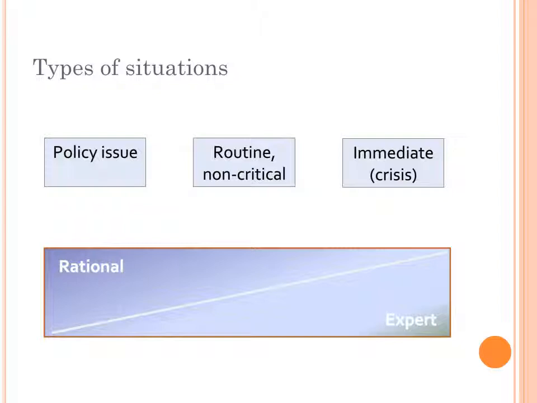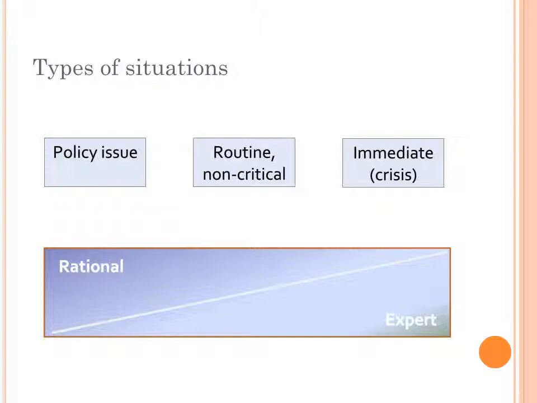They're the issues that we do need to sit down and talk about and weigh up the options and consider what the consequences of each of the options are. So there's a kind of spectrum that runs from the immediate critical situation back through routine and semi-routine and the more pensive policy issues.